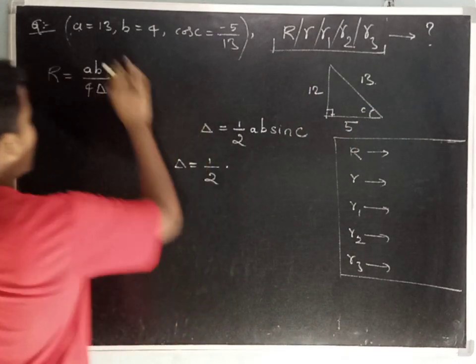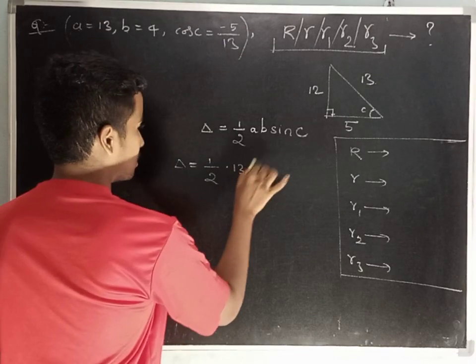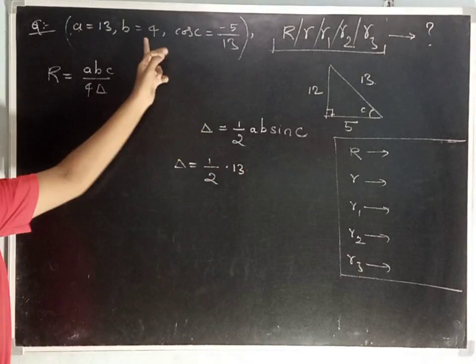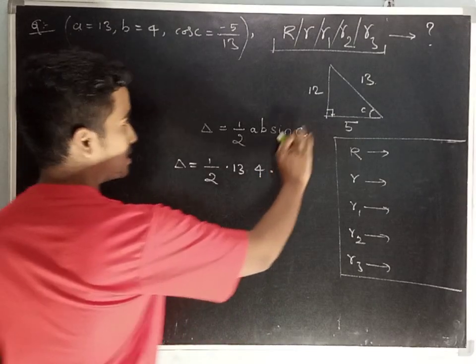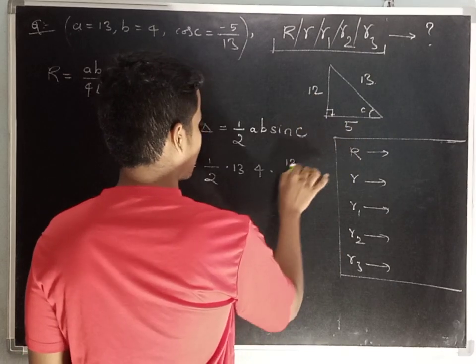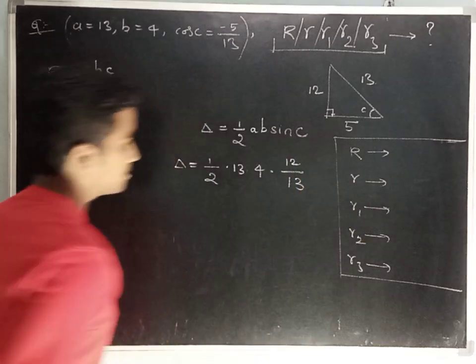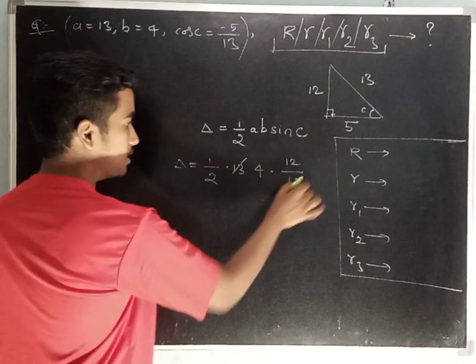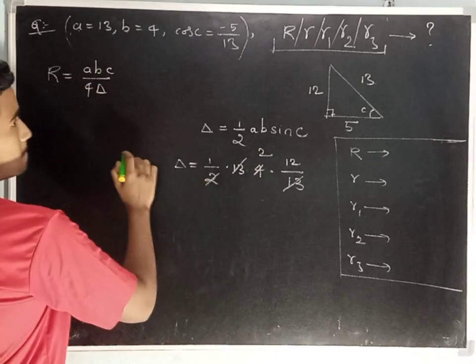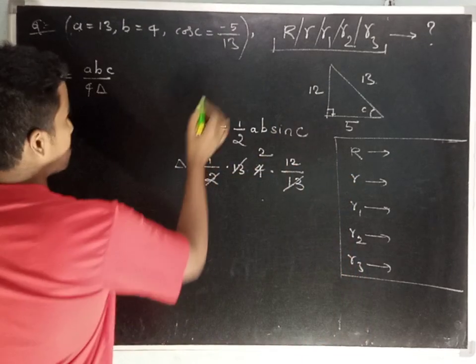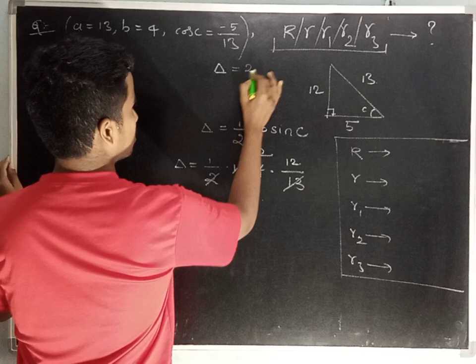Half into A, where A is nothing but 13, and B is nothing but 14, into sin C. Sin C is nothing but 12 by 13. Here 13 and 13 get cancelled, and 2 and 2 also. So the area of the triangle is going to be 24.